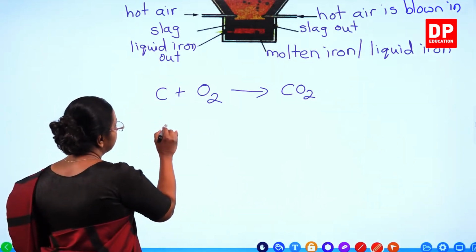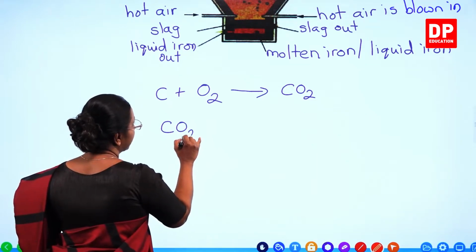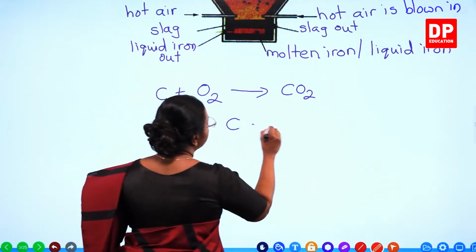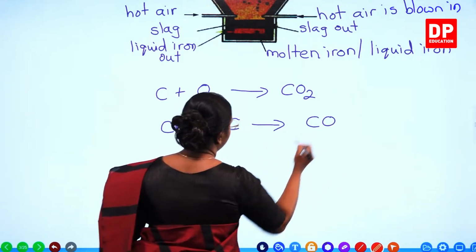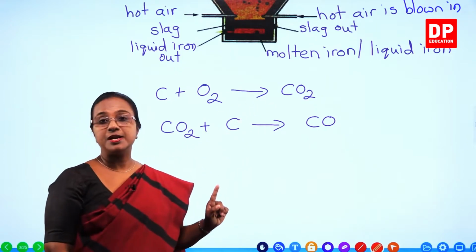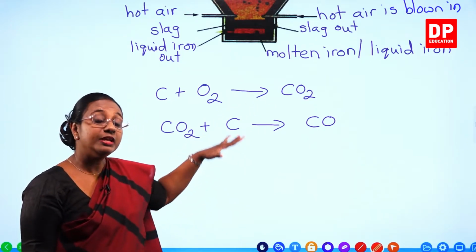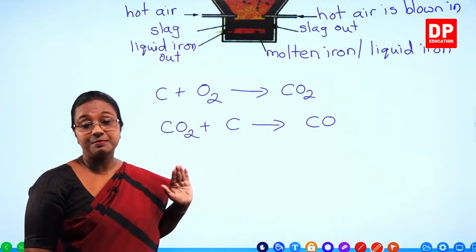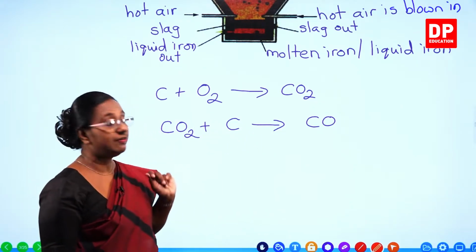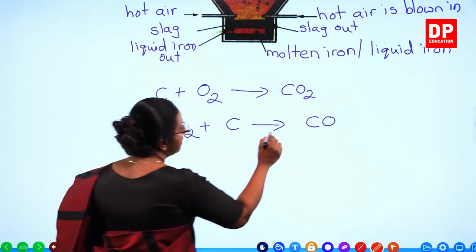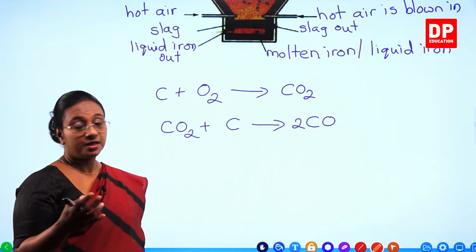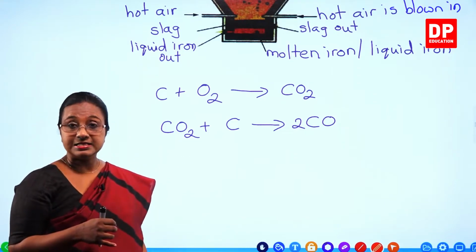Then what happens is this carbon dioxide reacts with carbon again, forming carbon monoxide. If you take this reaction, carbon plus oxygen gives carbon dioxide, it's balanced. You need to write all balanced chemical equations. Then carbon dioxide plus carbon giving rise to carbon monoxide, but there will be two carbon monoxide formed. That is the balanced reaction.